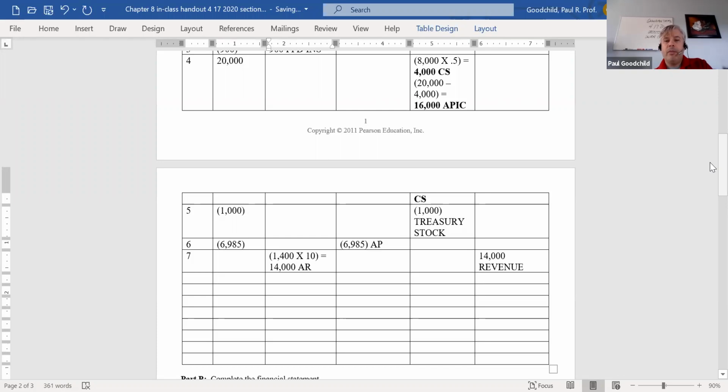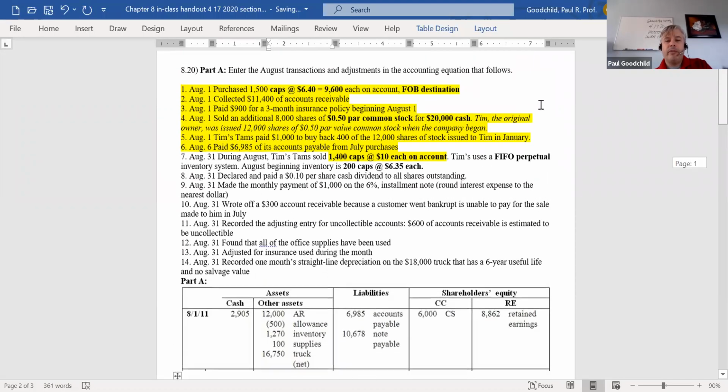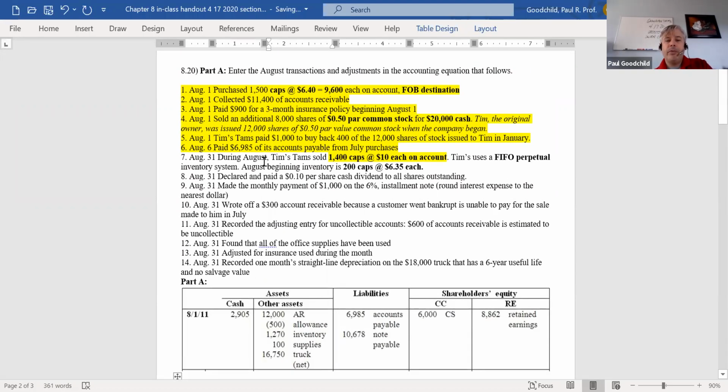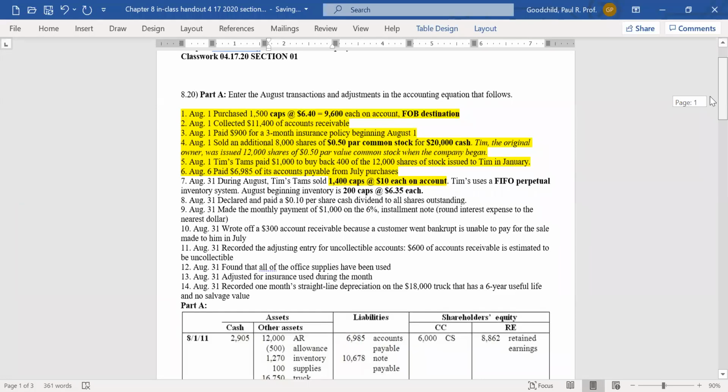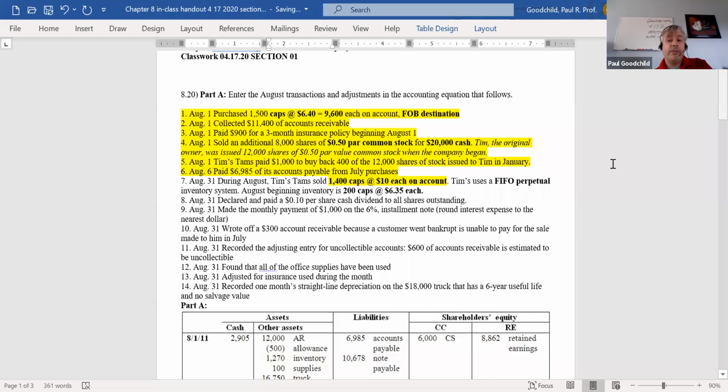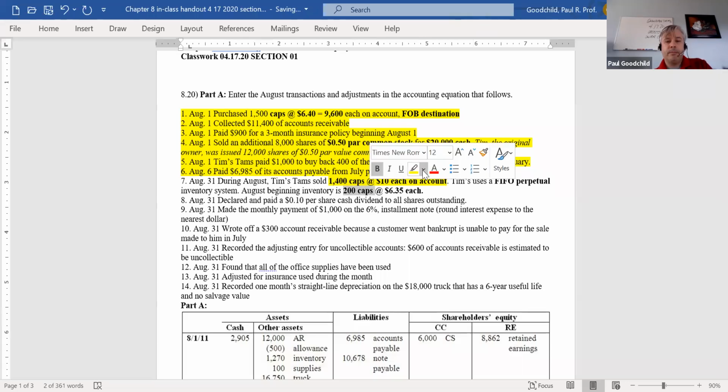And then we have to reduce our costs, and it's first in, first out perpetual. Don't you have to use the 200 caps at 6.35 sometime? So now that's where our cost of goods sold is. So FIFO perpetual, we're going to start and we're going to use the 200 at 6.35.